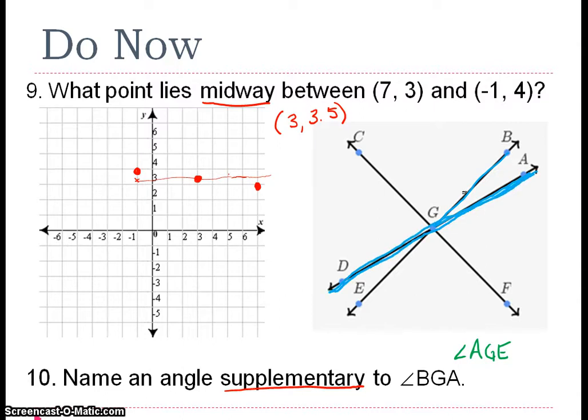And so if we've got this angle here, the angle that would make it supplementary, or that would make that straight line, would be BGD. So we could also have angle BGD. And this is one of the hardest things to see from the angles lesson, is trying to figure out which angles are complementary or supplementary in a picture. Alright, let's go ahead and move into the notes for today.